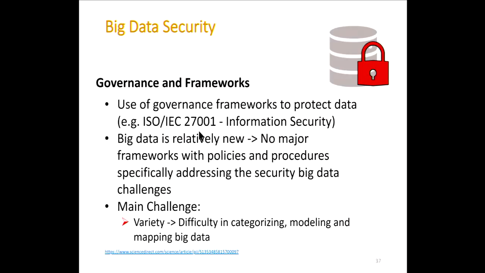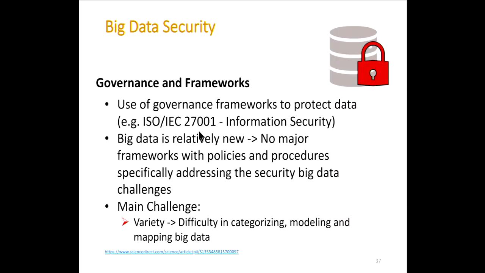I think every one of you has at some point received emails from organizations like Google and Yahoo telling you that we have made some changes to our policy because of GDPR. We'll talk about GDPR in a bit, but it's a policy change in Europe on how organizations should protect their data.